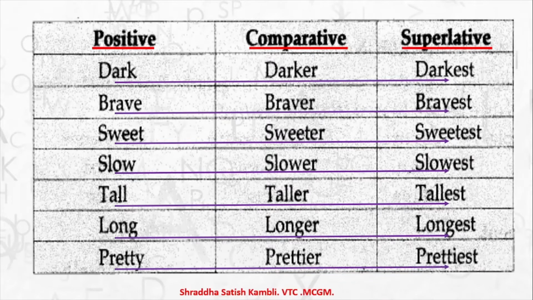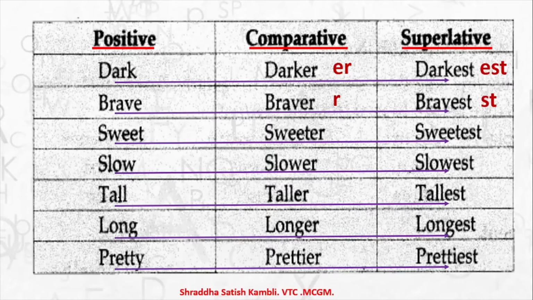Okay, so now what did you see? Now dark took ER to become the comparative degree and EST to become the superlative degree. Going to the next word, brave. See, brave takes only R in the comparative degree and only ST in the superlative degree. So see, there is a little bit of difference between dark and brave.